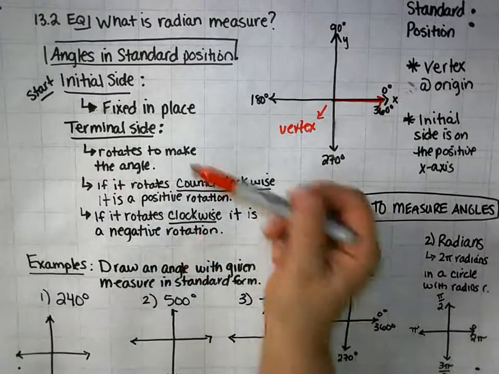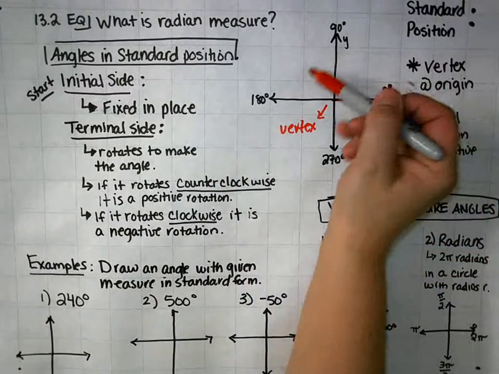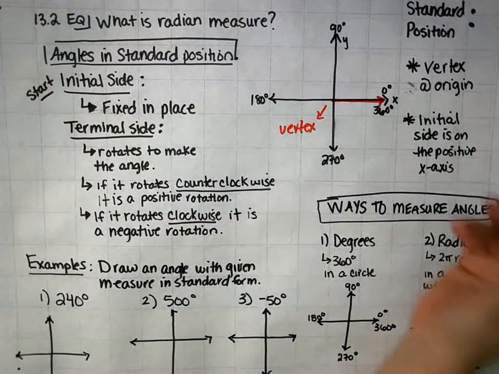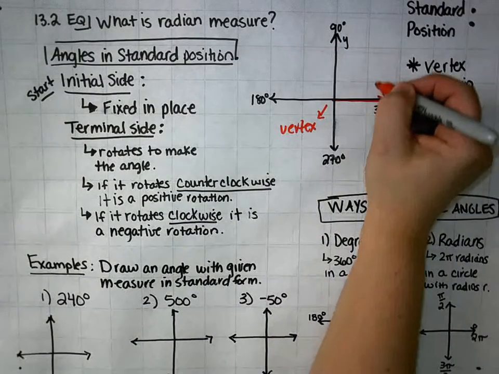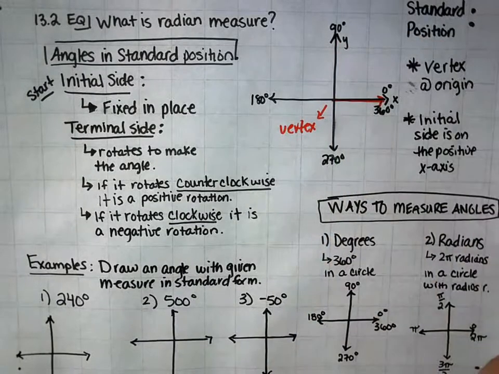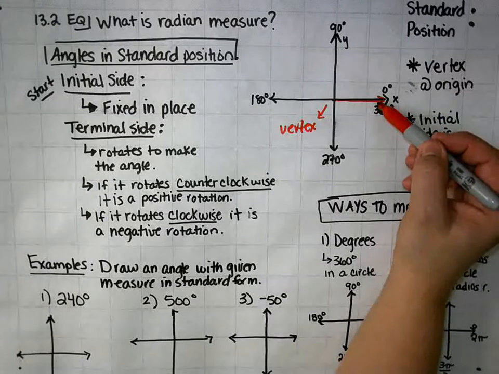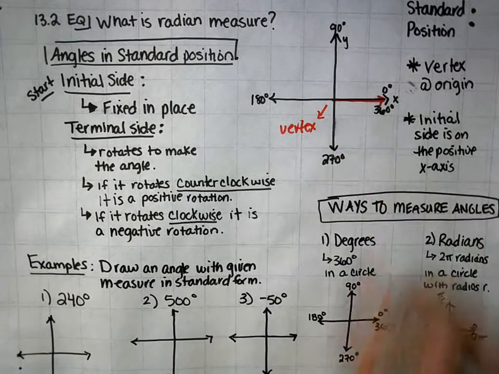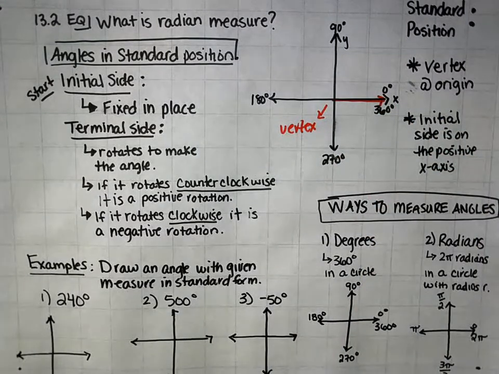The terminal side is the side where you rotate to make the angle. If it rotates counterclockwise, meaning up towards the y-axis, it's a positive rotation, and if it rotates down towards the negative y-axis, it's a negative rotation.